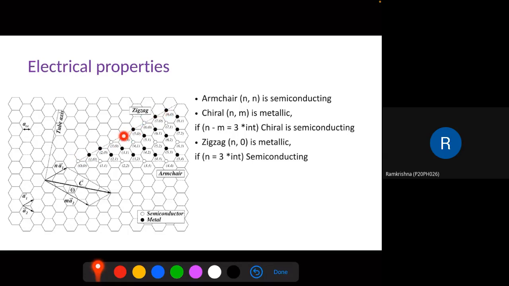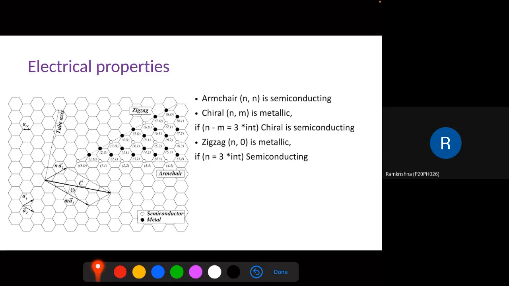So you can fold it from any point, from this point, this point, this point, this point. Okay. So that will create different diameters or different circumferences. So you'll have different diameters of carbon nanotube. So this is your zigzag.